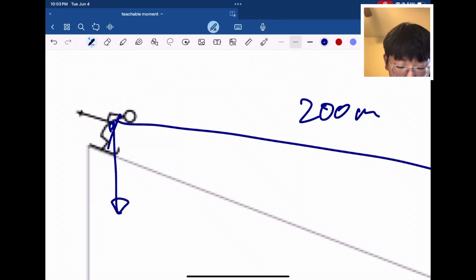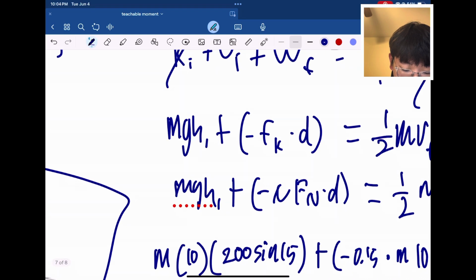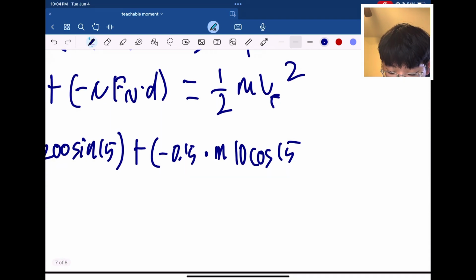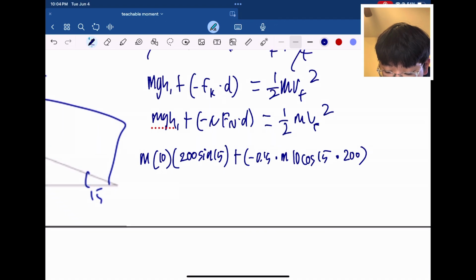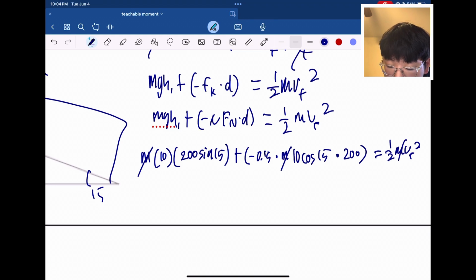In this free body diagram, you can see this is mg and this is Fn. So this is going to be mg cos 15, times distance, which is 200, and it is going to be equal to 1/2 mv final squared, and we can cross out mass.